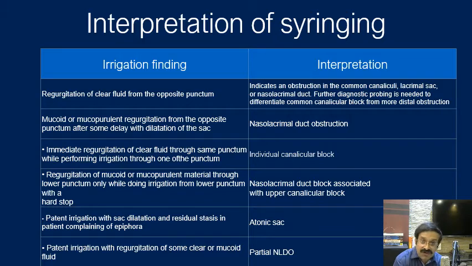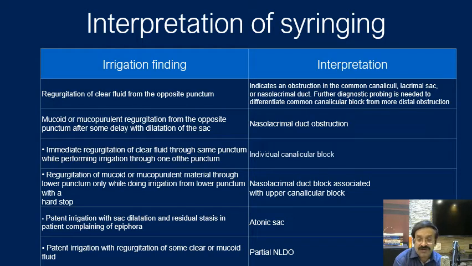Regurgitation of mucoid or mucopurulent material through the lower punctum only while irrigating from the lower punctum with a hard stop. See, there are a lot of conditions here. What is a hard stop? What is a soft stop? We'll come to that in the later slides. So right now, just know that it's a nasolacrimal duct block associated with the upper canalicular block. Obviously, upper canalicular block is there.